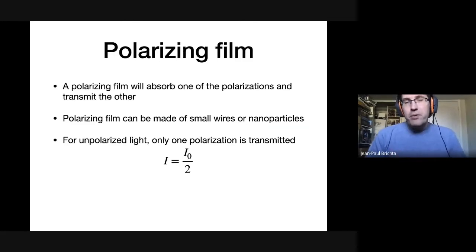Now, there's actually a little bit more to it, and that is if you have linearly polarized light and then you pass it through another linear polarizer, then an interesting thing is that the angle between them matters. Let's say I have linearly polarized light like this, but my linear polarizer is oriented like this. As this linearly polarized light gets to the linear polarizer, only part of it is going to pass through. And the amount that passes through depends on the angle between the electric field and the direction of my polarizing film, right?